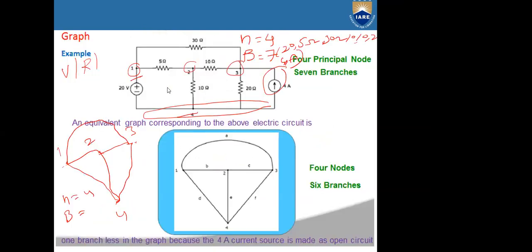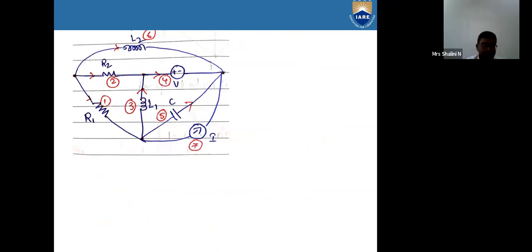Coming to the next one, the directed graph. A directed graph is nothing but giving the direction of the branch elements between the nodes. For example, here I am taking this as A, this as B, this as C, and this as D. I already drew the graph.